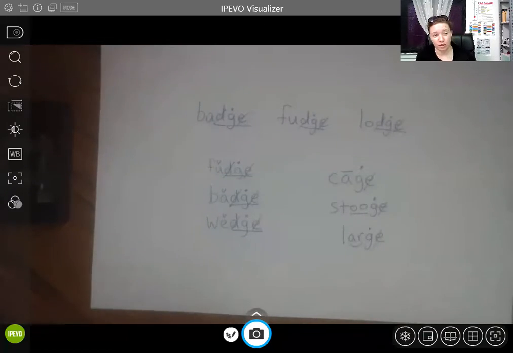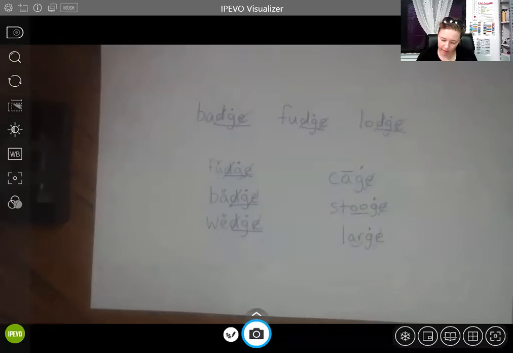So look at the words in the first column again. They each contain a short vowel sound, don't they? So when a word has a short vowel sound followed by the J sound, we spell it with DGE. Okay, if it's anything else followed by the J sound, you'd spell it with GE.